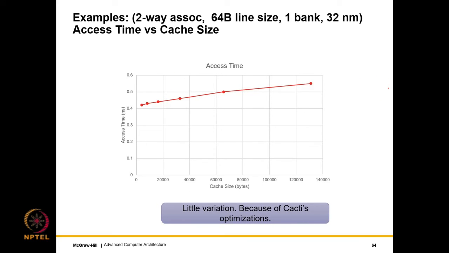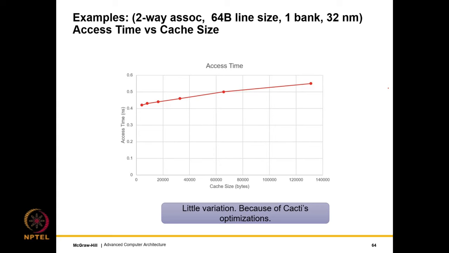So a few experimental results are due. Let us consider a running example of a two-way associative cache, single bank of course, 64 byte line size, 32 nanometer technology. Let us plot the access time versus the cache size, where the cache size is varying from a few kilobytes till 128 KB.